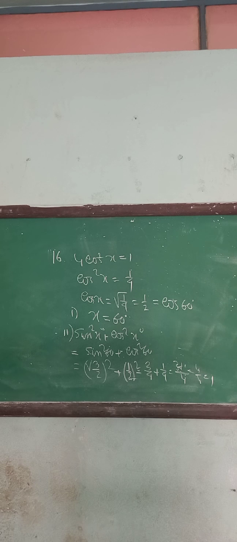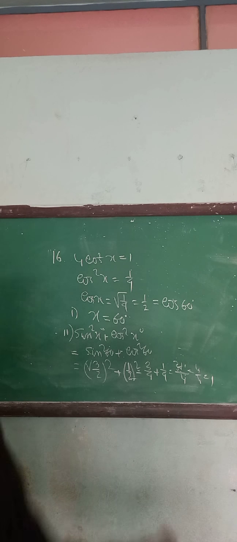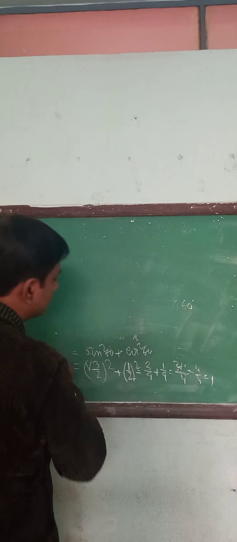Okay. Next, another math. Suppose I discuss with you question number 17. What is given? Sec theta is equal to cosec theta. Sec theta means 1 by cos theta, and cosec theta means 1 by sin theta.